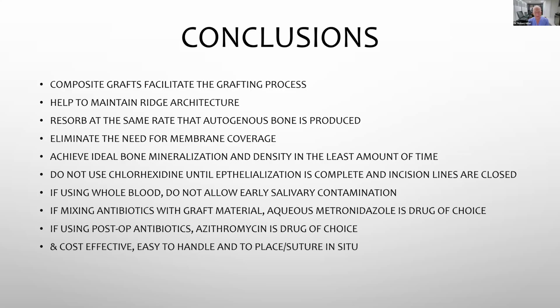You don't have to buy a particular graft material plus a growth factor plus a collagen membrane, where your cost could be anywhere from $500 to $1,000 to do a single graft in one of your cases. This is the most cost-effective material that we have, and it's so easy to use.